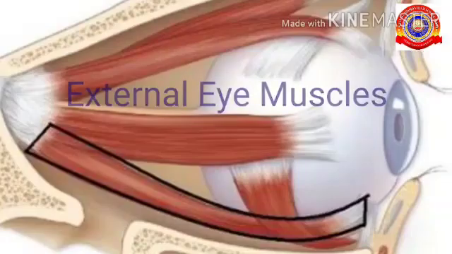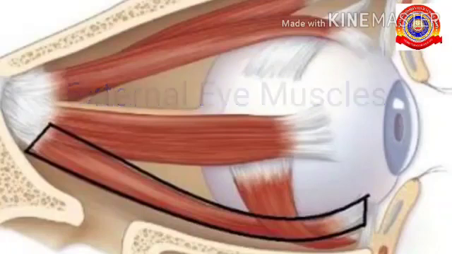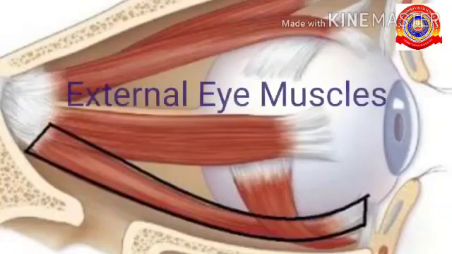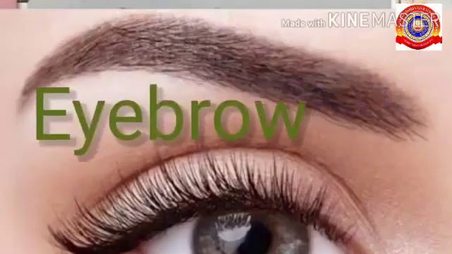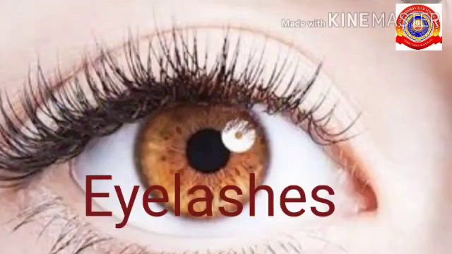Second one, external eye muscles. Here, eyeballs are fixed in the orbit with the help of the muscles. Third one, eyebrow. Protects the eye from dust and sweat. Fourth one, eyelashes. It protects the eye from dust.